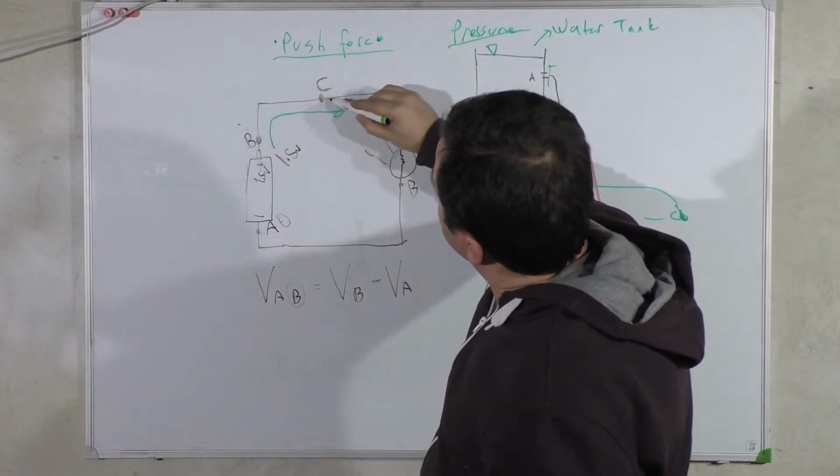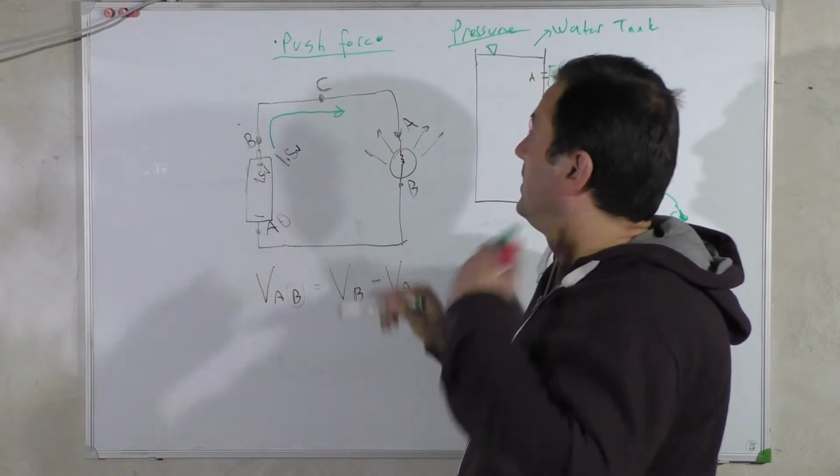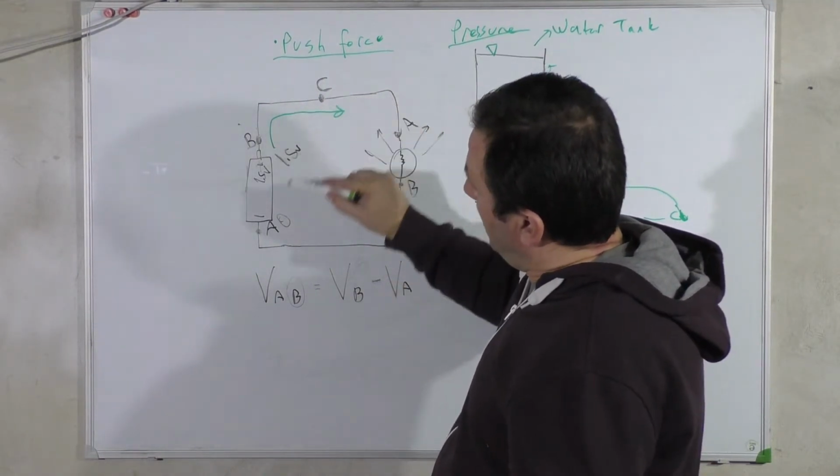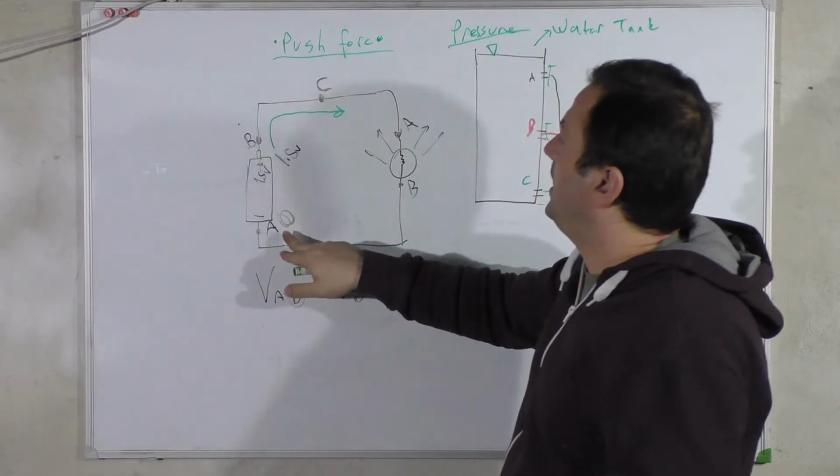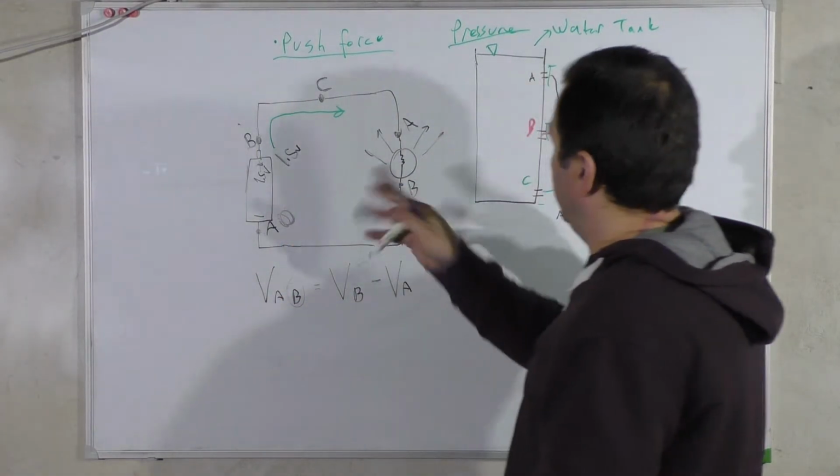So here is also 1.5 volt. So the voltage of C to our reference point 0, this point A, is 1.5. I can say it like that.